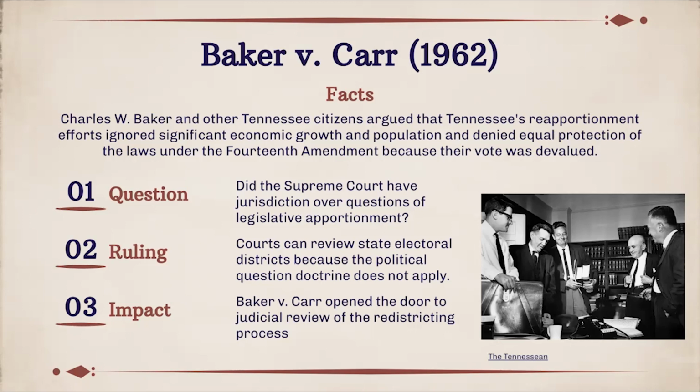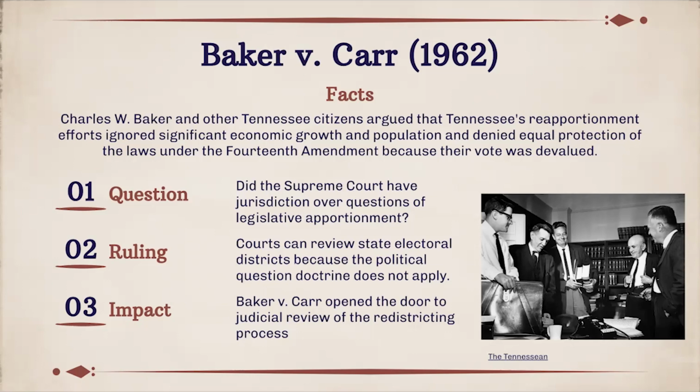This had really far-reaching implications, like most of the landmark cases that we're going to talk about, to be honest, in that by opening the redistricting process up to judicial review, it prompted a lot of lawsuits across the country.